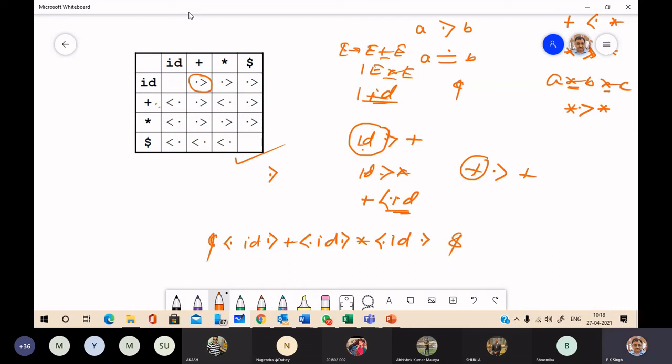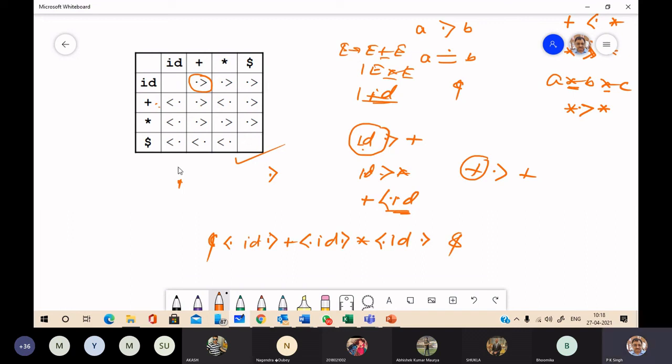Now, the operator precedence parsing program, before taking the action, will consider the symbol on top of stack and the current input symbol pointed by IP.